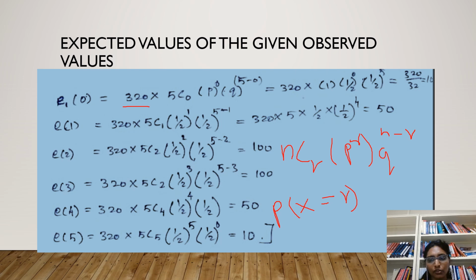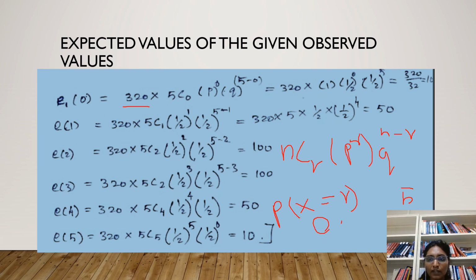R takes the values of the sample space, 0, 1, etc., up to 5, so this R changes. So substituting these values, this is the probability of coin tossing. The probability of getting a head is equal to 1 by 2, and the failure, that is q, is equal to 1 by 2. So the value of p is equal to 1 by 2 and q is equal to 1 by 2.